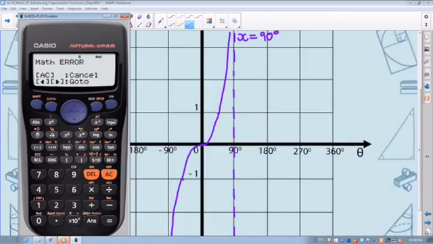Also, math error, which means we have another asymptote over here. So, I hope you agree with me that this is then the length of one pattern. So that means our period is equal to 180 degrees in a normal tan function. And this is y equals tan of x, or tan of theta.